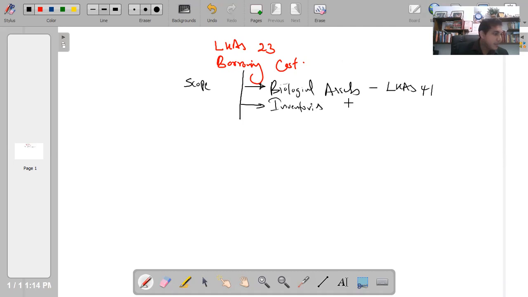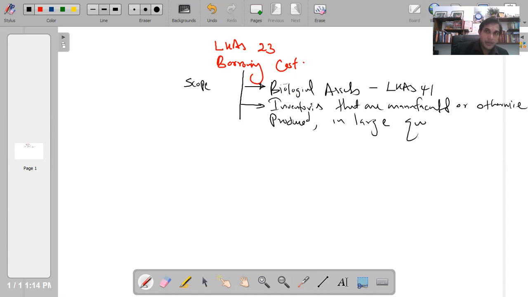Inventories that are manufactured or otherwise produced in large quantities on a repetitive basis.